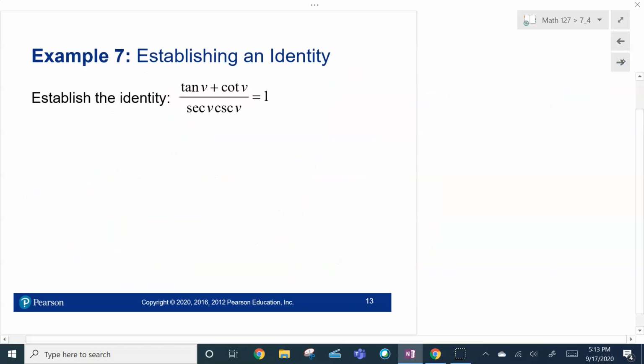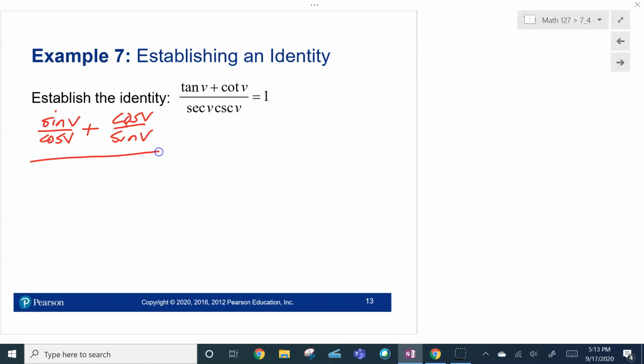Let's keep going here. Tangent v plus cotangent of v. Let's get this sucker in terms of sine and cosine. So I got sine v over cosine v plus cosine v over sine v, all over secant's 1 over cosine. Cosecant's 1 over sine.